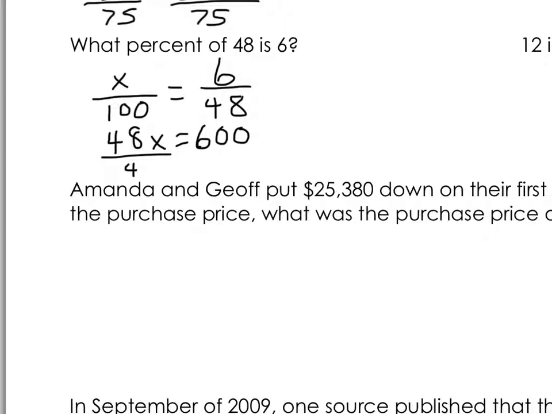Divide both sides by 48. And we get 600 divided by 48, 12.5. So x is 12.5, and it's a percent. So we'll say 12.5%.